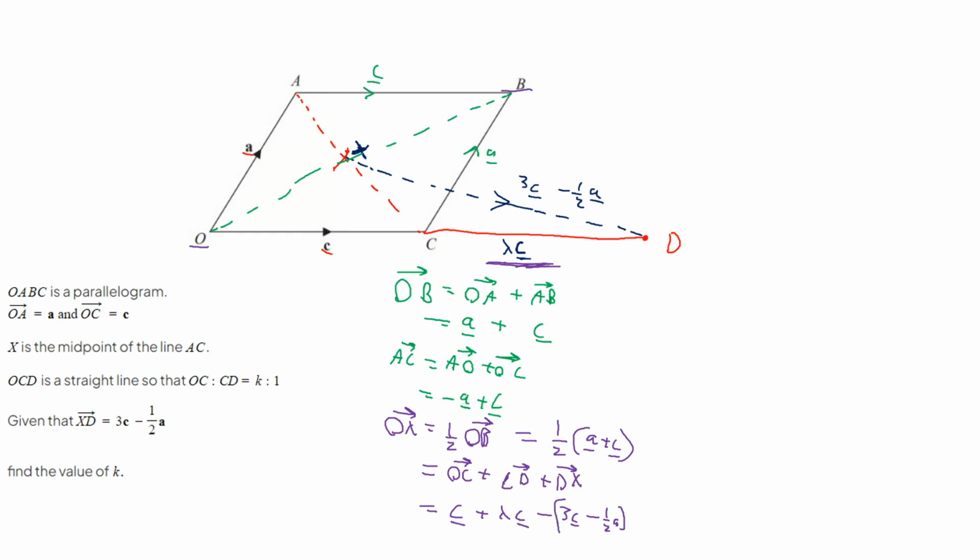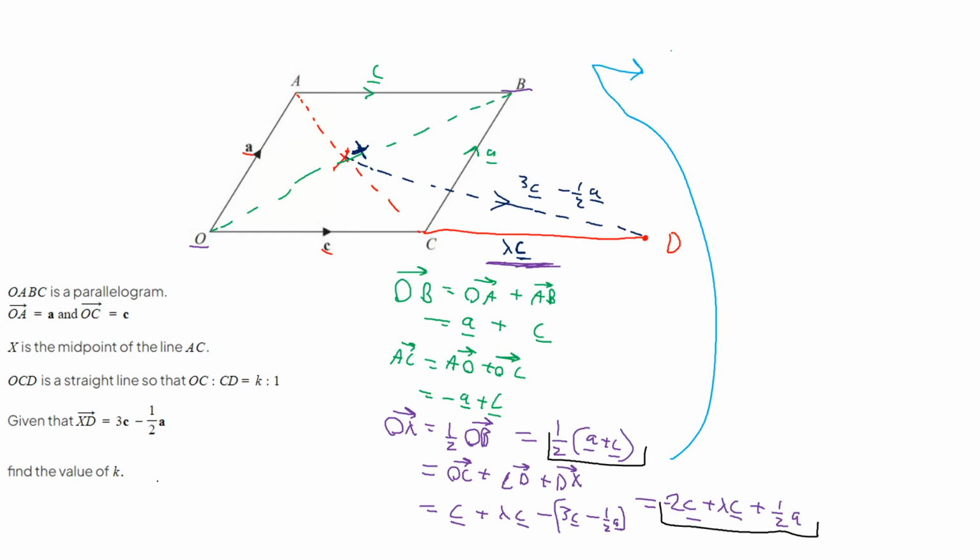Sorry, that's meant to be in brackets. And then we're left with an answer of minus 2C plus lambda C plus a half A. So we have two different answers for OX, right? So then we can equate them. I'll do this up here, right?